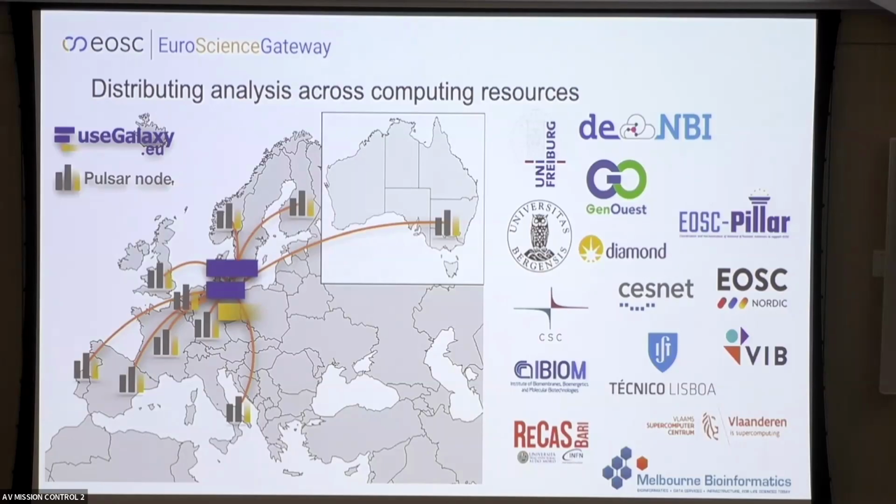So to do that, each of the institutes set up their own Pulsar endpoint, and all of these Pulsar endpoints were registered in Use Galaxy EU, and are all usable and accessible from there. So that's something we call the Pulsar network, and of course there are Pulsars in Australia as well, and of course in the US as well.